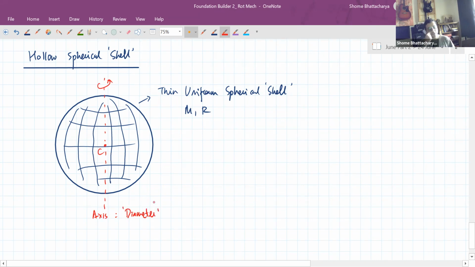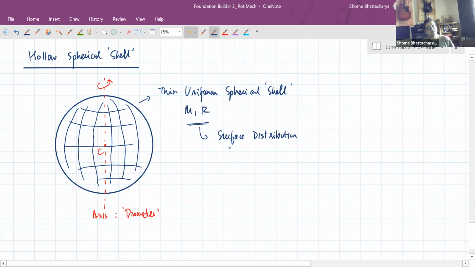Okay. Any axis passing through the center of the sphere will be a diameter of it. So about the diameter axis. So we have to understand that this is also an example of a surface distribution.